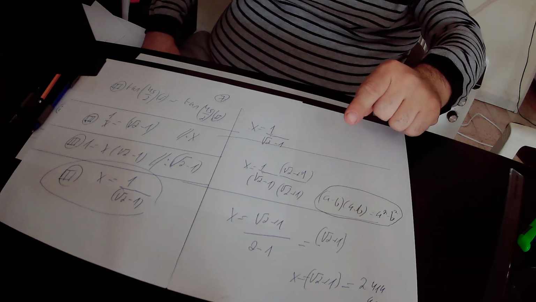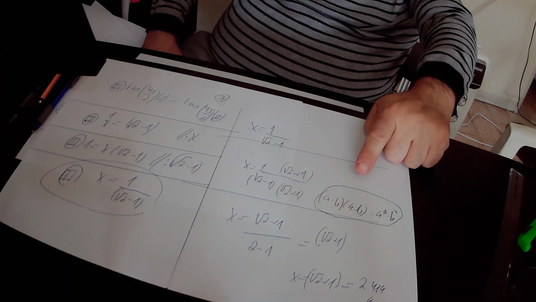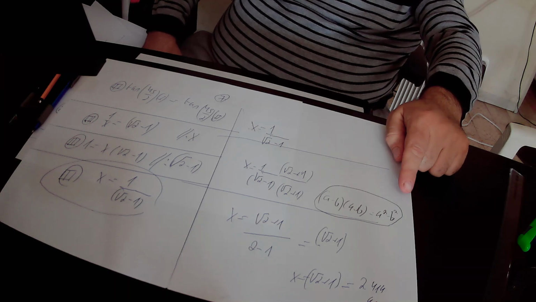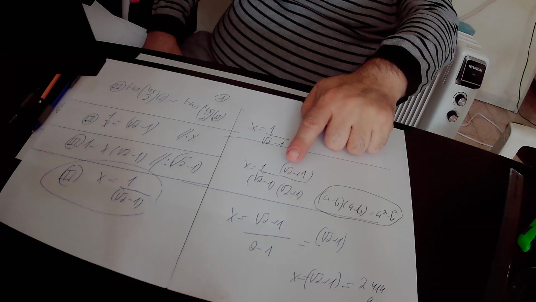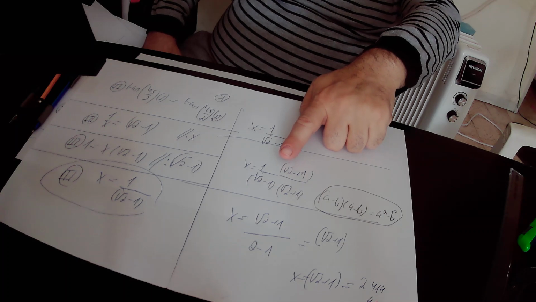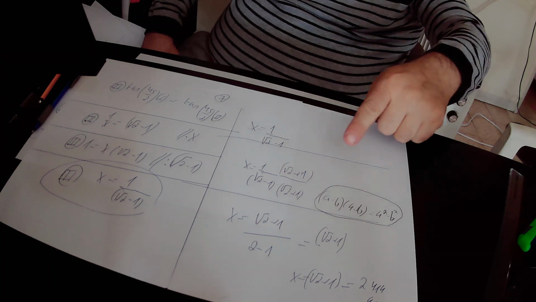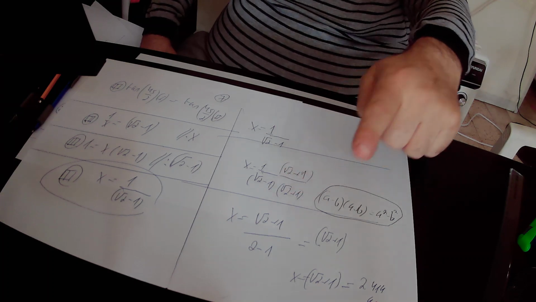This expression is equal to, according to the algebraic identity, that a minus b times a plus b equals to a squared minus b squared, the square root of 2 squared, that is 2, minus 1 squared, that is 1. So in total, this expression equals to 2 minus 1, that is 1.